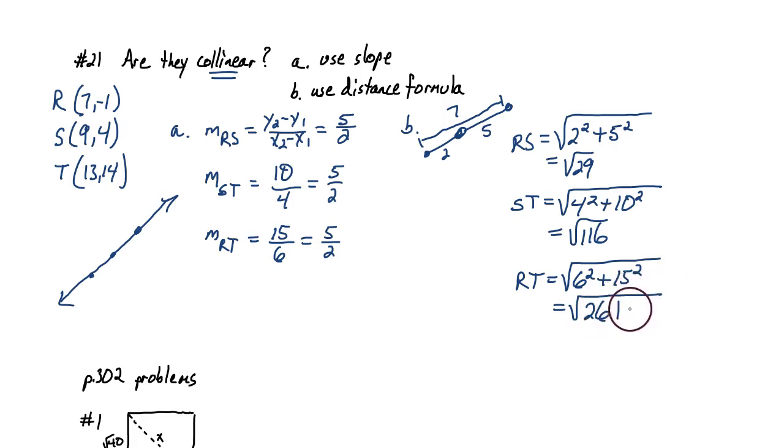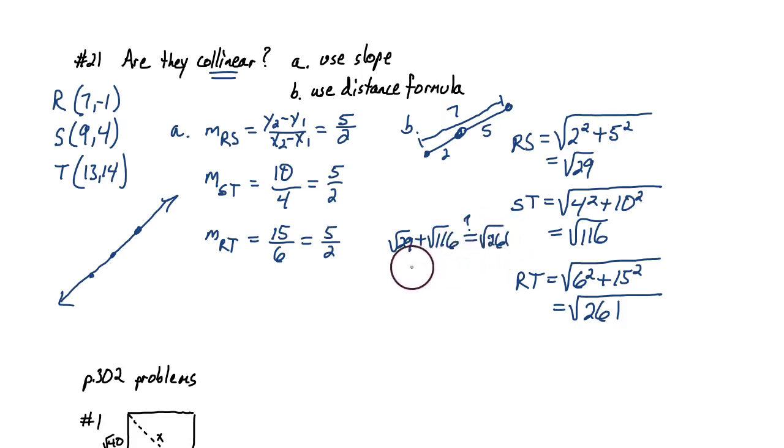Now, the point is that if you add together the two shorter distances, and that is equal to the longer distance, then that meant that the dots must have lined up in a straight line with each other. So what we need to know is the square root of 29 plus the square root of 116 equal to the square root of 261.